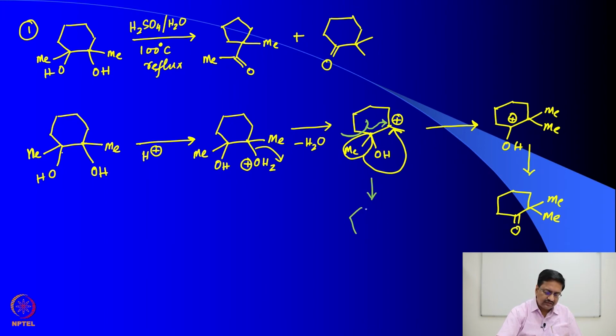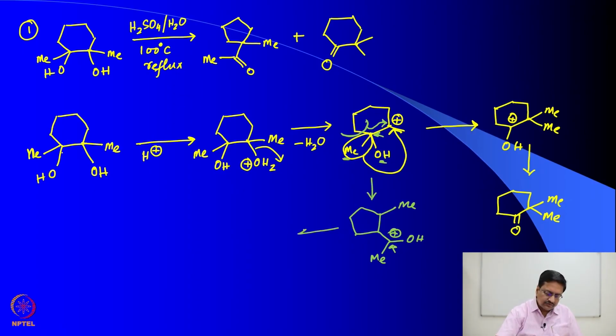From a 6-membered ring, it will become a 5-membered ring. There will be a methyl group, and this group will have OH and plus and methyl here, because this methyl and OH are hanging now from that particular carbon.